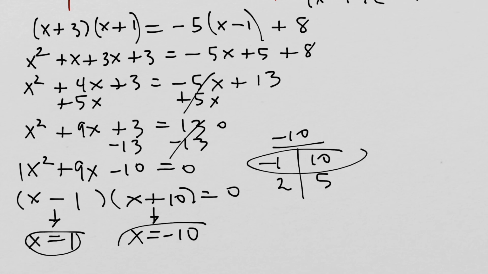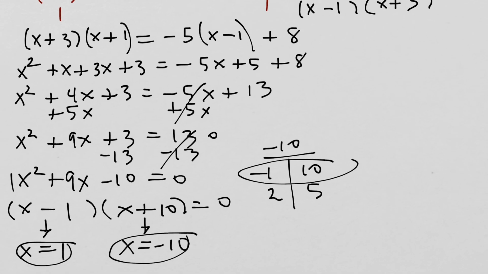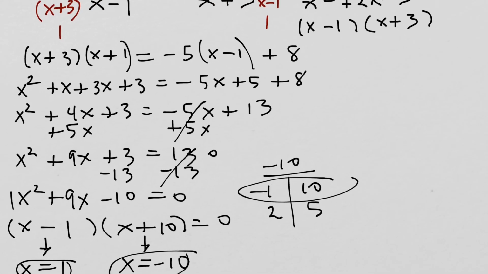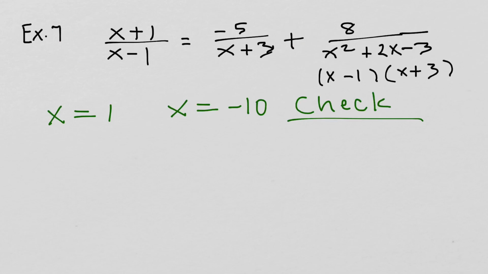Okay, so let's be very careful that we check our solutions here to make sure we don't have an extraneous solution. So going back up to the top here. Okay, so I erased to make some room. I'm going to check my two solutions, 1 and negative 10. So if I look at my original equation, all right, so I cleaned it up a little.